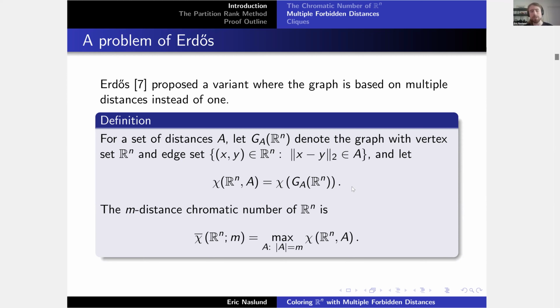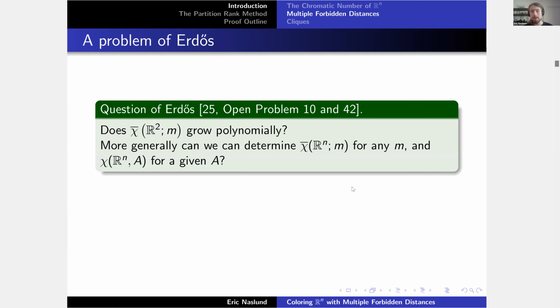He was particularly interested in the plane. He wondered whether this number grew polynomially in m. So does the chromatic number of the plane with multiple distances, as we add more distances, how does the minimum number of colors grow?